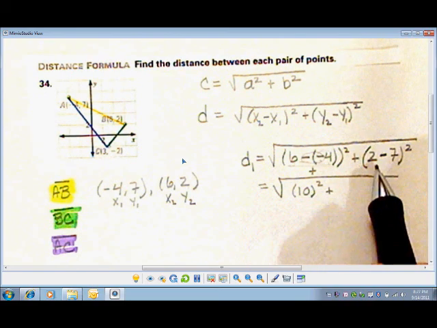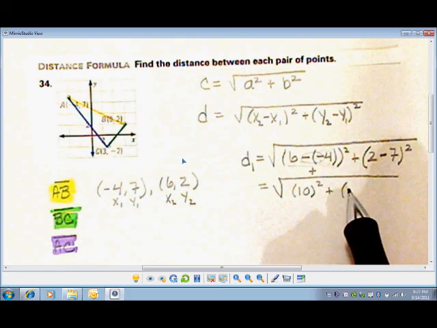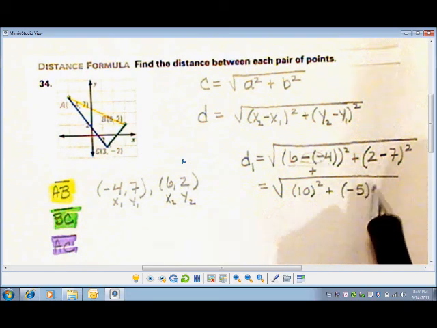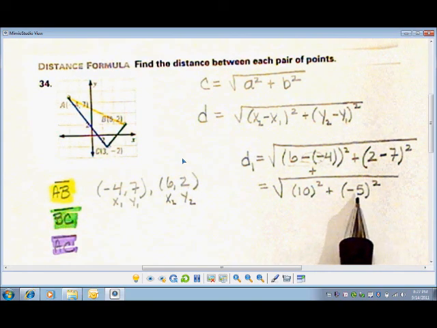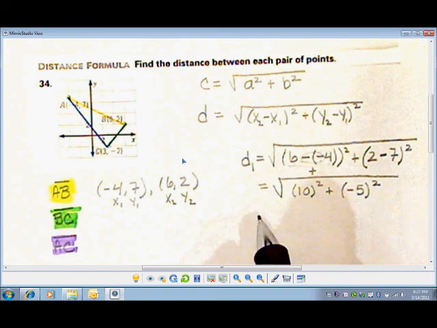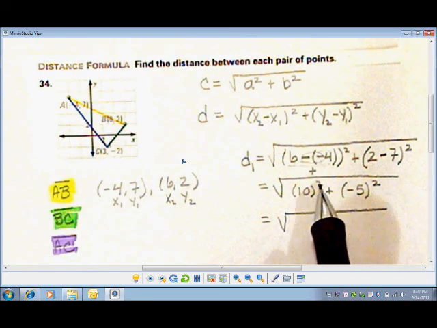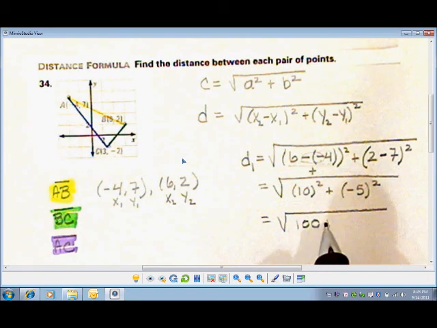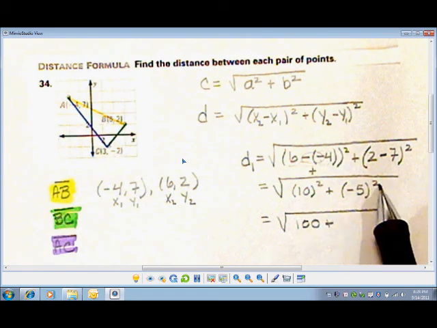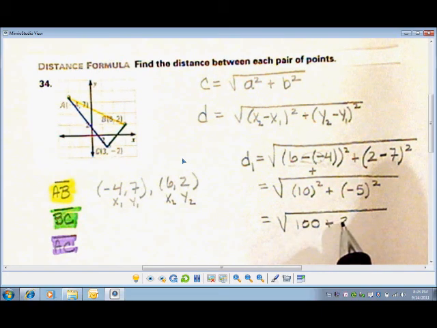Plus, what's 2 minus 7? Well, that's negative 5. If I don't keep that parentheses there, I'm going to make a mistake right here when I square negative 5. So 10 squared is 100 plus negative 5 squared. Well, that's negative 5 times negative 5, so that gives me a positive 25.